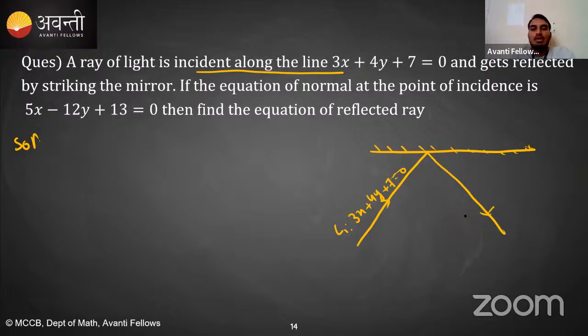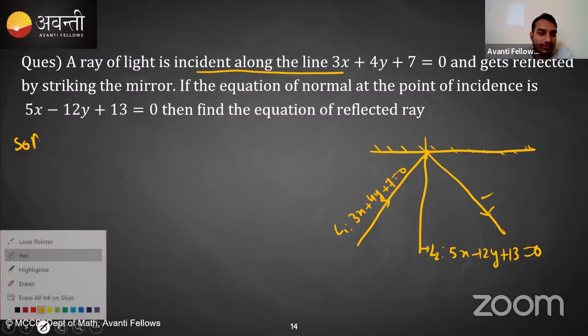Now, the equation of the normal at the point of incidence is given. This is, let's say, L2, which is 5x minus 12y plus 13 is equal to 0. Then find the reflected ray. So we have to find the reflected ray.